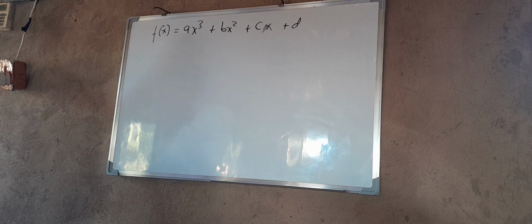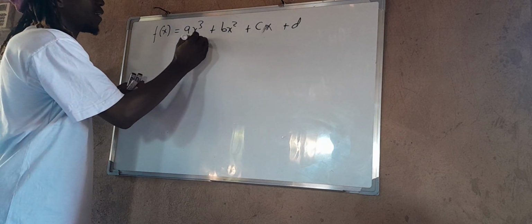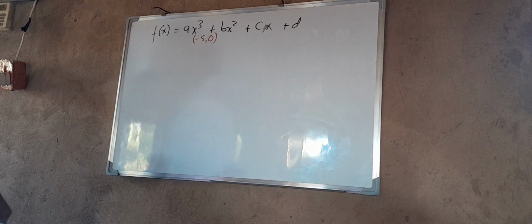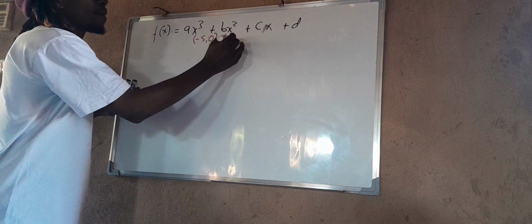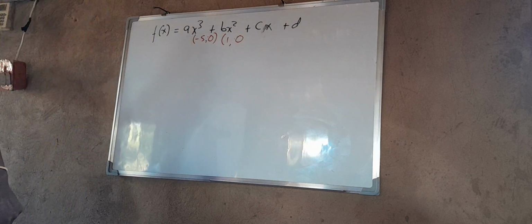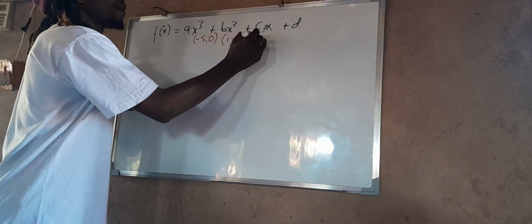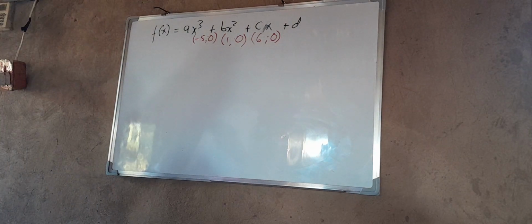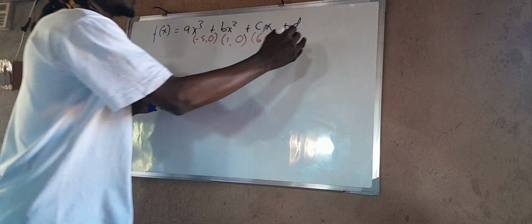So now we're having this again, and then they said we're having negative 5, 0, 1 and 0, 6 and 0, and we're also having 2 and 14.